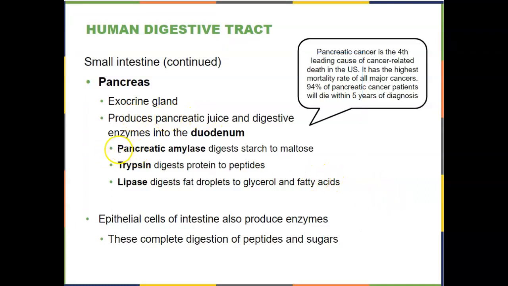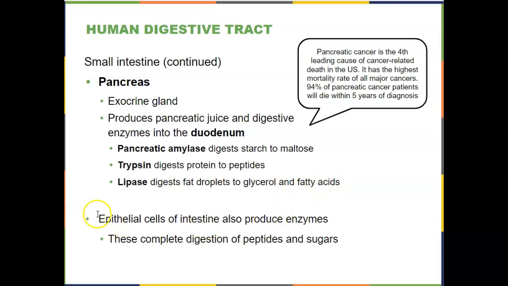They're all exocrine glands. And again, the pancreas dumps its liquids into the duodenum. And three target enzymes you want to know about are pancreatic amylase, which digests starch to make a disaccharide called maltose. Trypsin, which breaks proteins down into very short peptide chains, usually dipeptides. And then lipase, which takes triglycerides and breaks them apart into glycerol and the individual fatty acids.